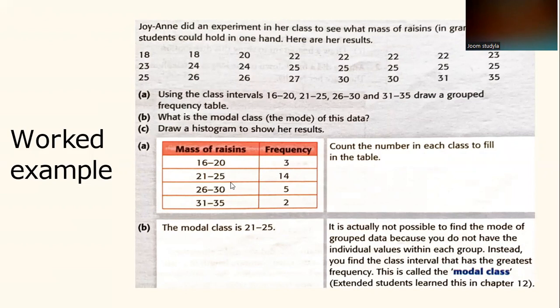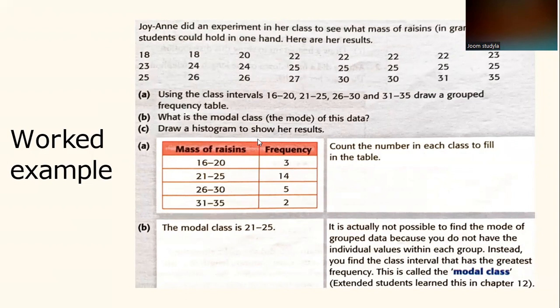Between 21 to 25, you have how many? 1, 2, 3, 4, 5, 6, 7, 8, 9, 10, 11, 12, 13, 14. So the answer is 14. And the mass of rice in the 26 to 30 class interval, you have 5, and 31 to 35, you have 2. So you have already completed and answered question A.